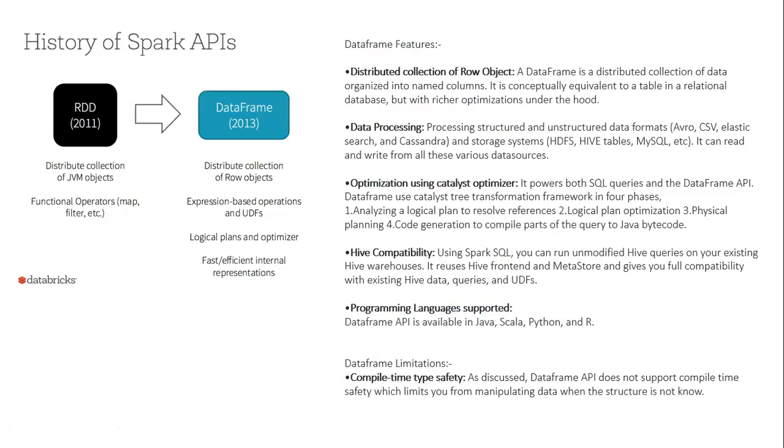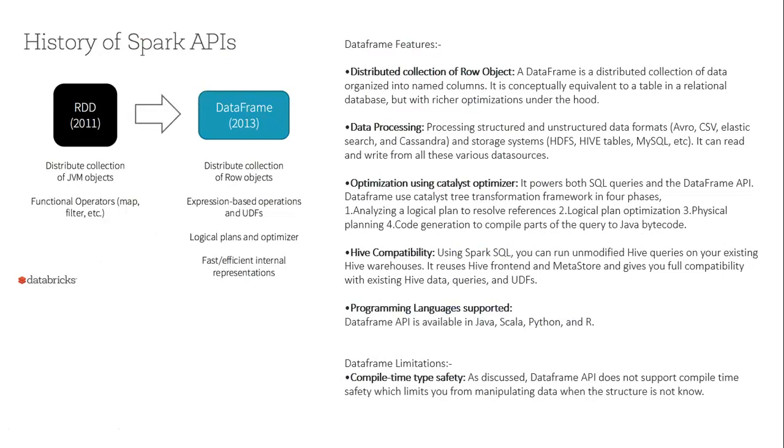So it's essentially a table, just like a table you would see in a relational database. And the main advantage of that is you can connect to any RDBMS, or unstructured stores, and pull data into a data frame.